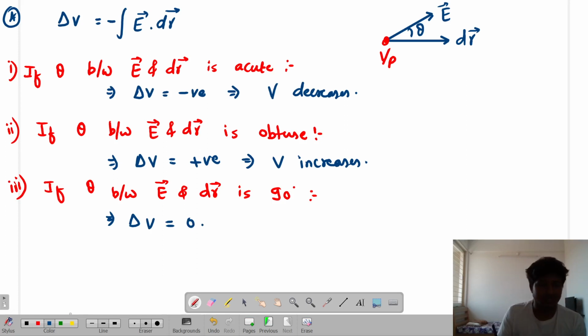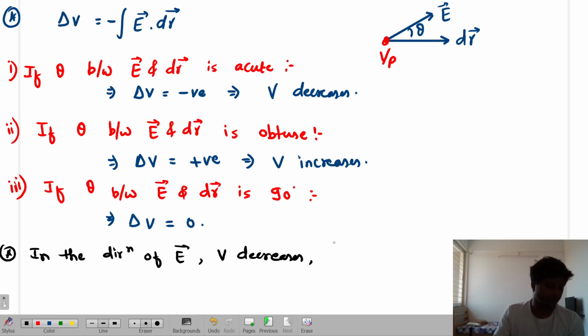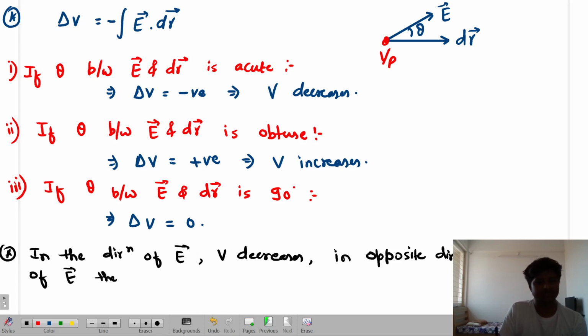So that's what our conclusion is, that in the direction of electric field, the first thing is potential decreases. Second point, in the opposite direction of electric field, the potential increases.